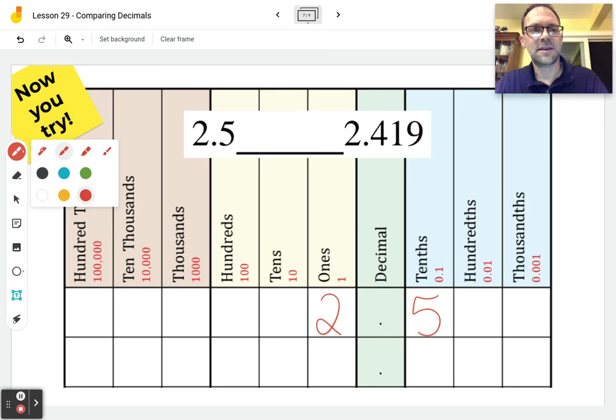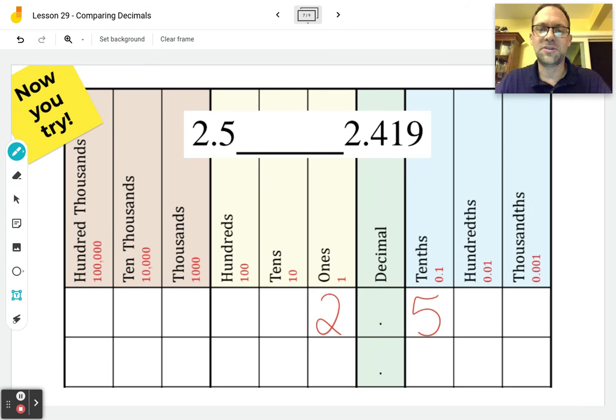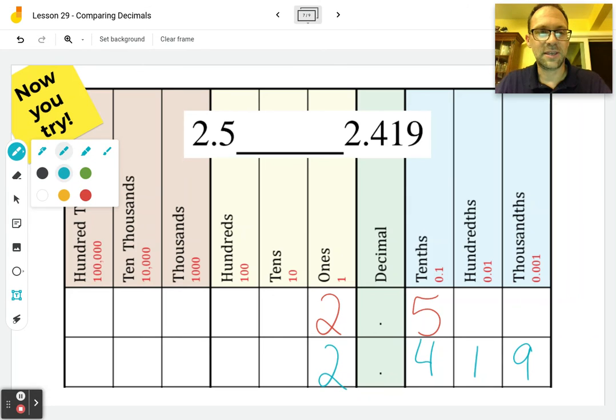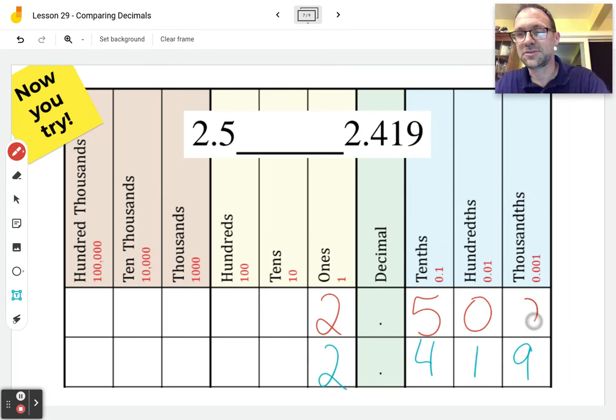And 2 and 419 thousandths looks like this, a 2 in the ones place, a 4 in the tenths place, a 1 in the hundredths place, and a 9 in the thousandths place. If you'd like, we can write zeros in our blank place values.